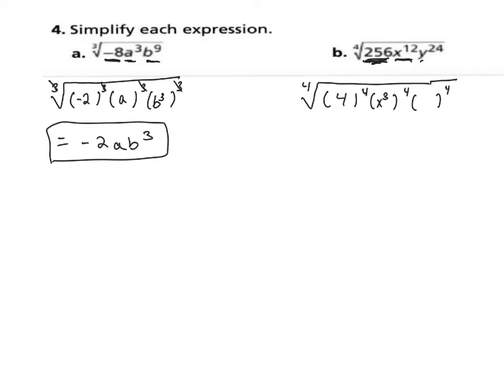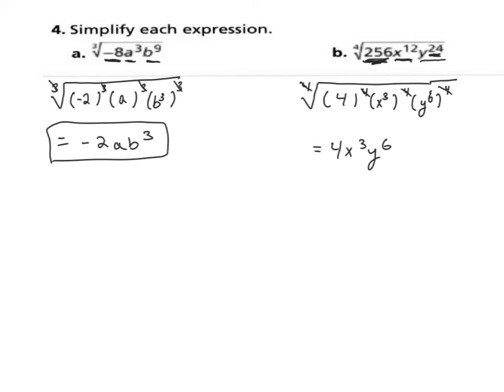And then y to the 6th power, because 6 times 4 gives us this 24. Right. And now we just cancel out all the 4's, and what's left over is 4x cubed y to the 6th. Okay.